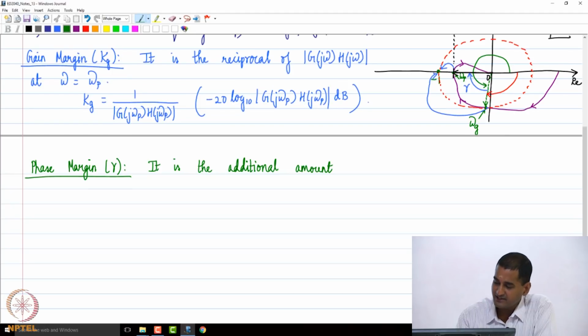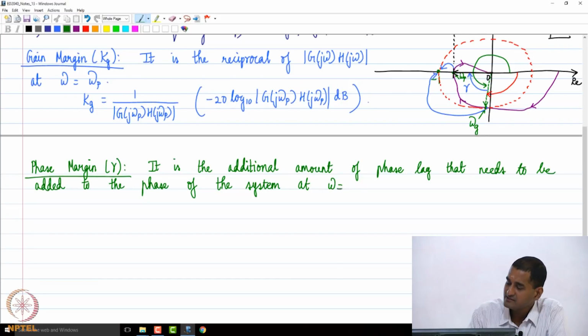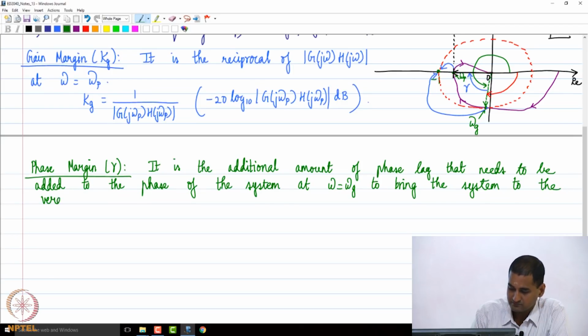A phase margin is the additional amount of phase lag that needs to be added to the phase of the system at omega equals omega g to bring the system to the verge of instability. Okay, that is the phase margin.